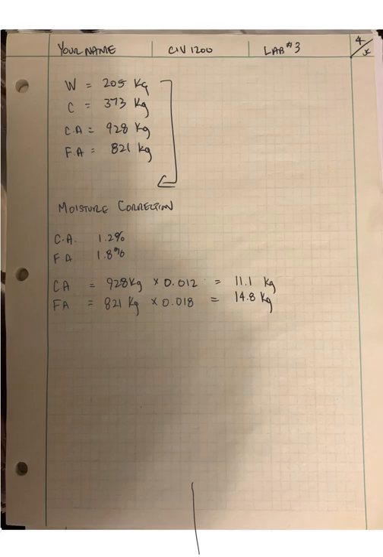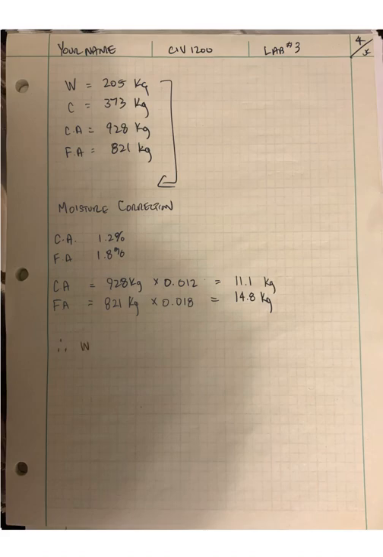So for our coarse aggregate, we multiply the percentage by the mass to get how much we need to modify our water content by. In this case, we have 11.1 kilograms for coarse aggregate absorption, and 14.8 kilograms for fine aggregate absorption.